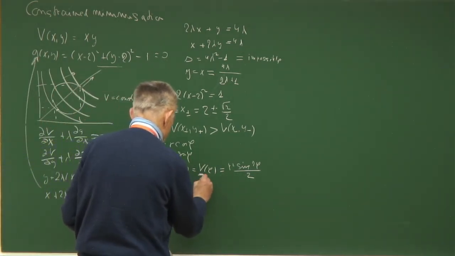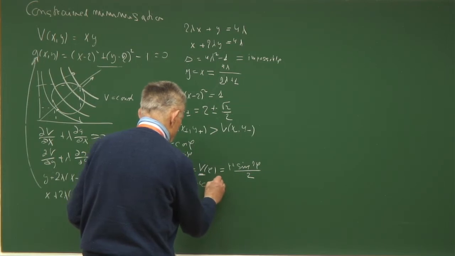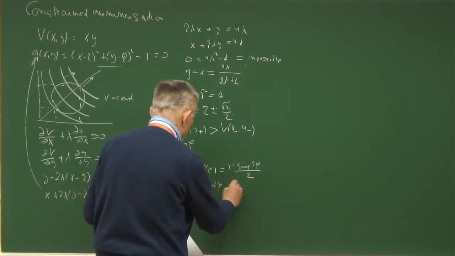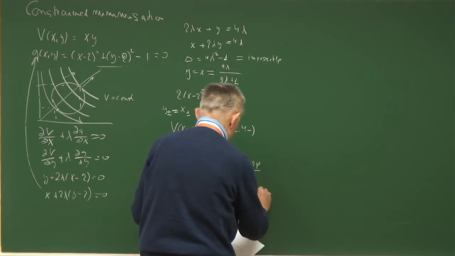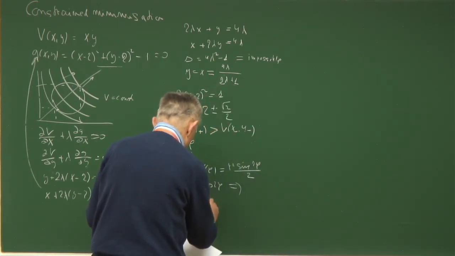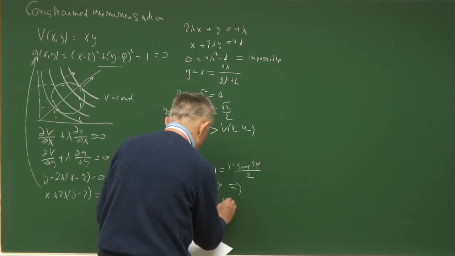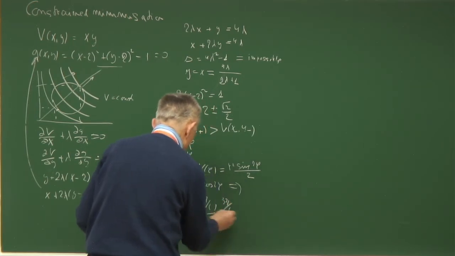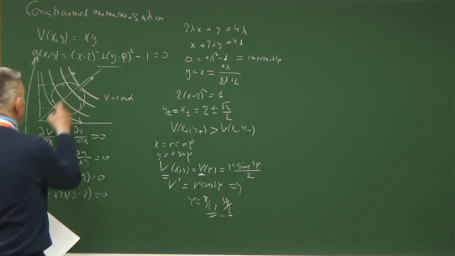This is R squared cos 2 phi, and this is equal to 0 for phi equals pi half or 3 pi half.